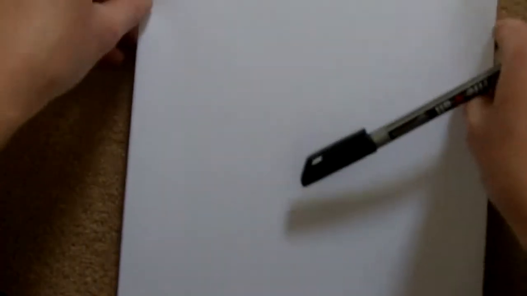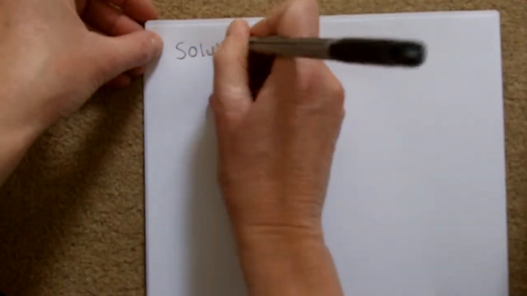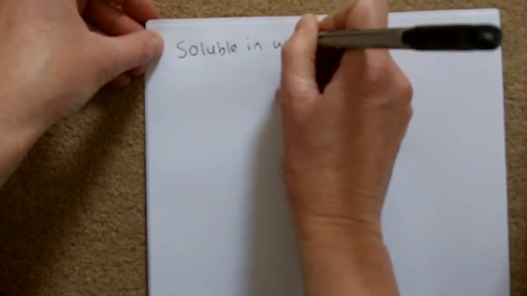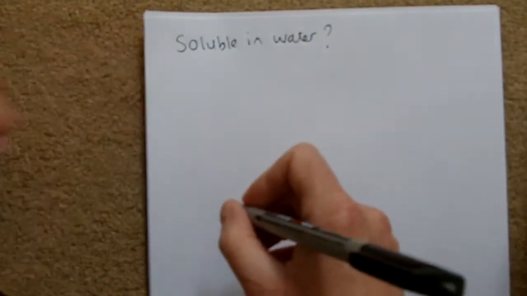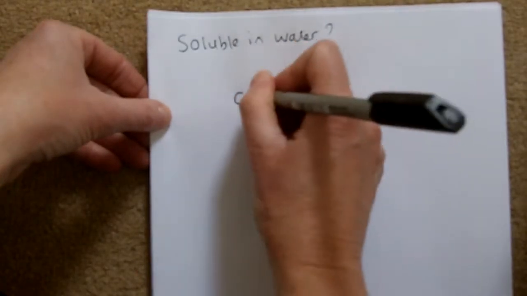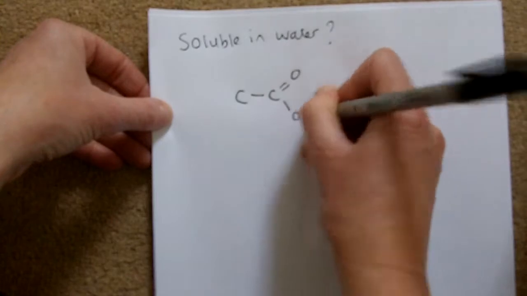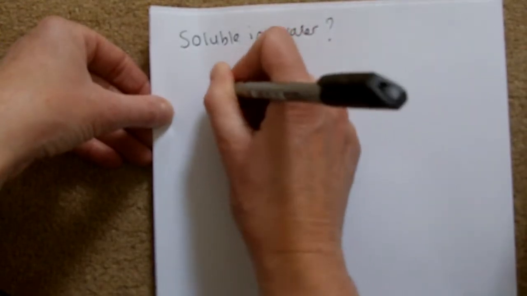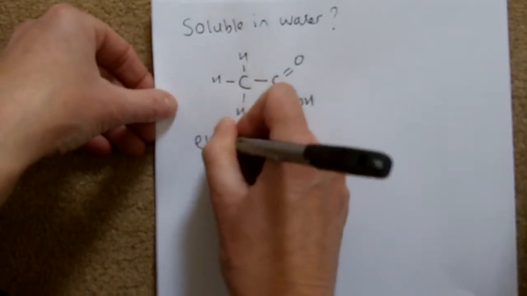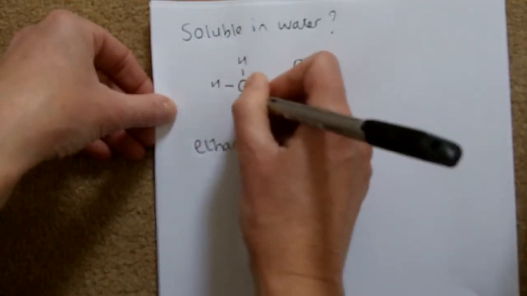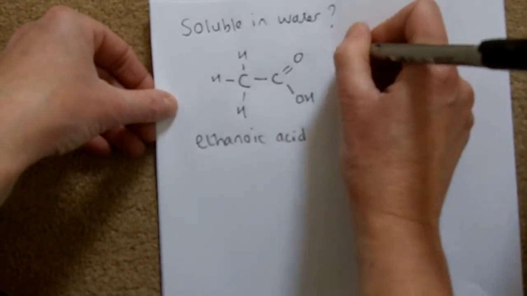Okay, right, so next, carboxylic acids. Are they soluble in water? What do you think? If you take a small carboxylic acid, like this one, for example, this one is called ethanoic acid because there are 2 carbon atoms. And you take some water.